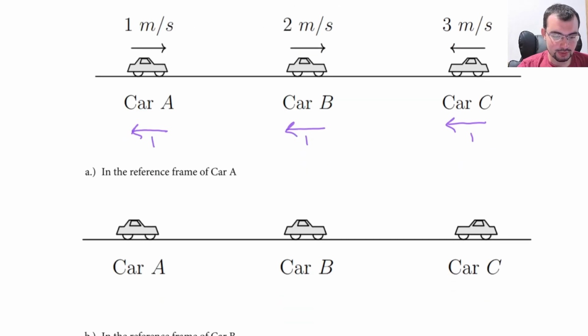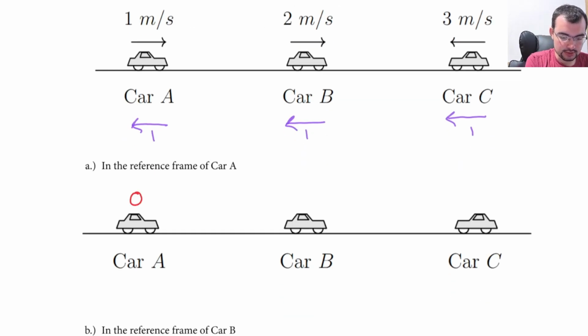So notice, as expected, of course, the boost cancels, so car A doesn't think they're moving in their frame. Then 2 right, 1 left, adding them vectorially, we get 1 right. And then car C, 3 left, 1 left, 4 left.